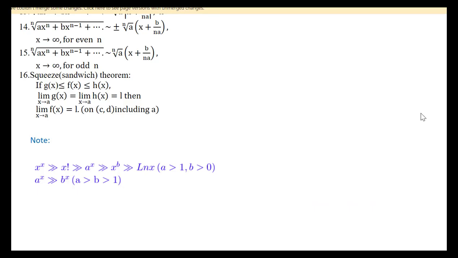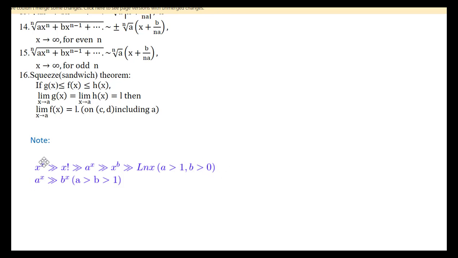At the end of this topic, I want to explain one important note which you may face in different questions when you want to compute the limit of a function, and you have to pay attention to this notation. You can consider a as a natural number or any number more than 1, and b as a positive number.